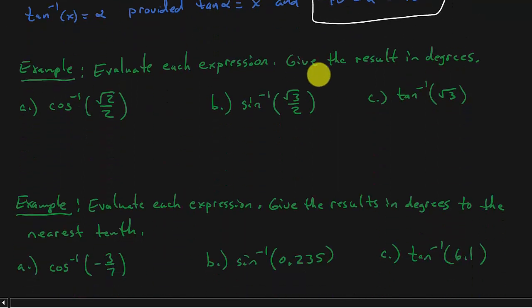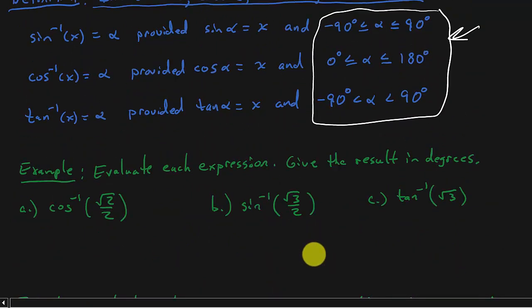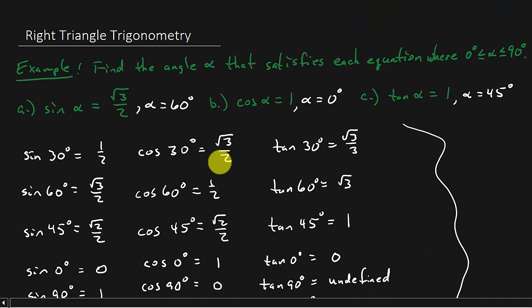So if we look at this, evaluate each expression, we're taking the inverse cosine, the inverse sine, and the inverse tangent. The way that you think about this is similar to what we did up here, it just wasn't written like this.